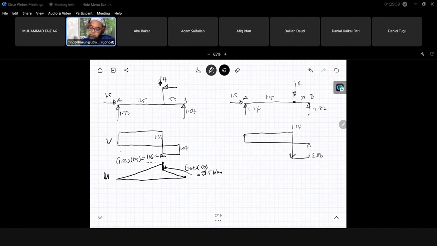So for the moment diagram, 1.14 times 125, 2.86 times 50. The same value. So this is 142.5 Newton meter.